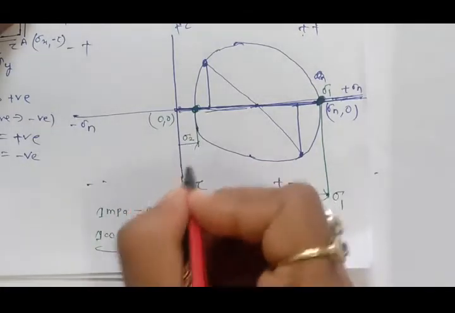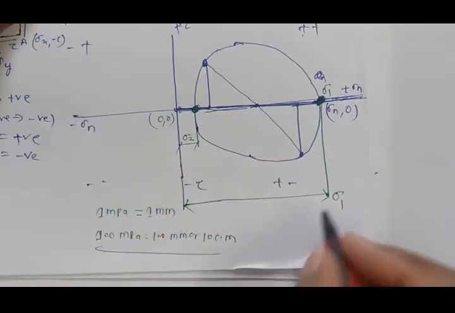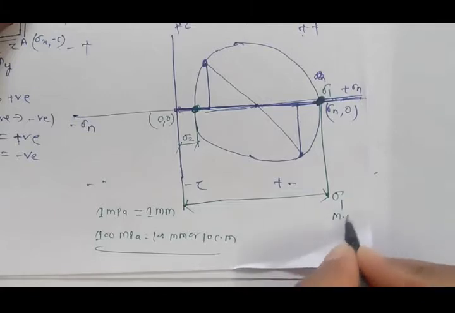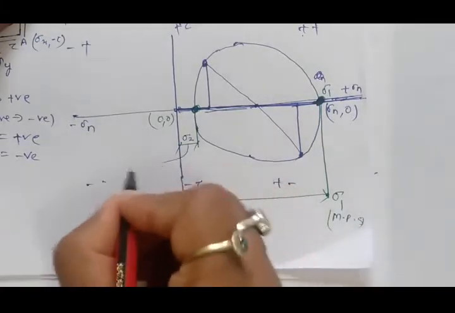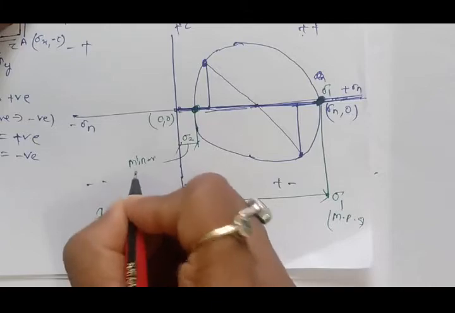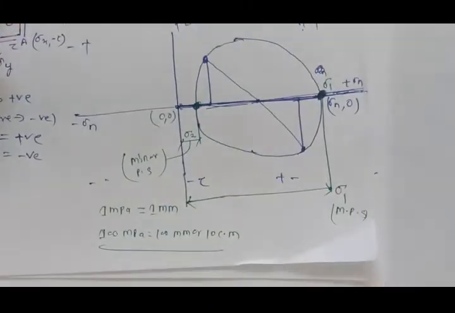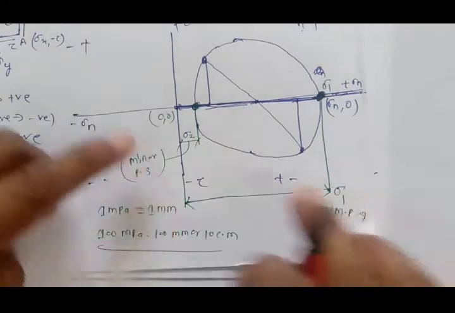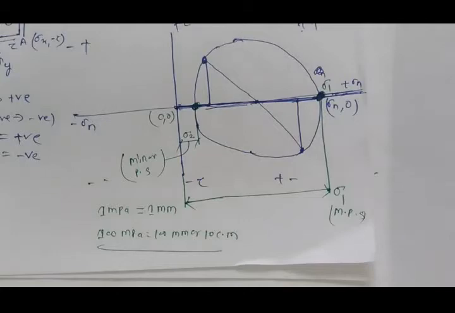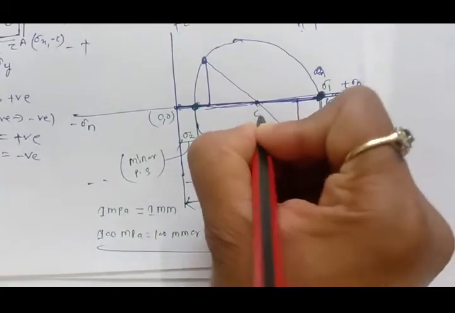So this is the major principal stress, and this is the minor principal stress. You can take the scale from here to here and measure this principal stress. This is our center C.